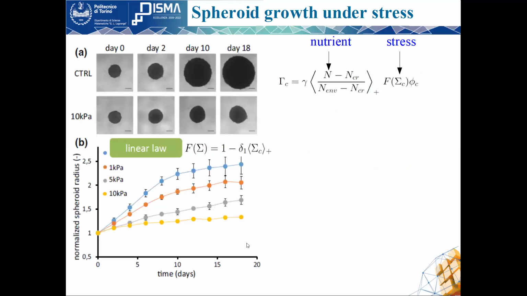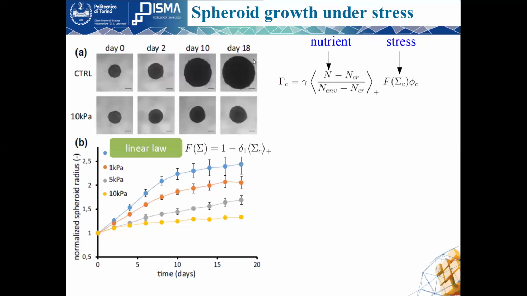Okay, at this point, I can play with the growth law and see which one fits the data that I have better. So this is the growth term. The idea is that this depends, of course, on the nutrient. This N is the nutrient. In this case, I have to take care of the nutrient because this is a spheroid.